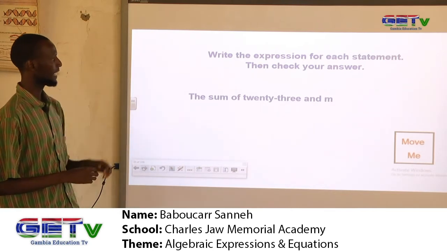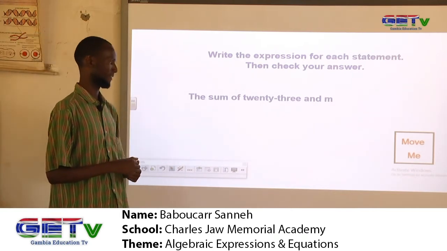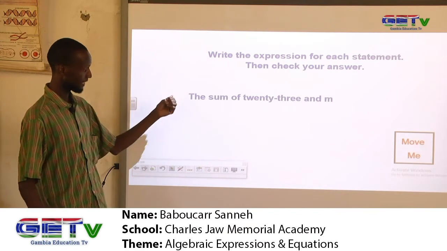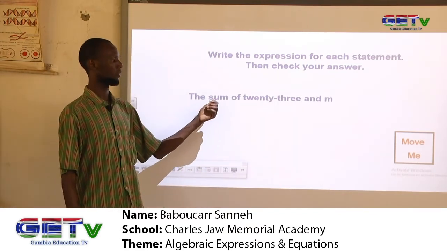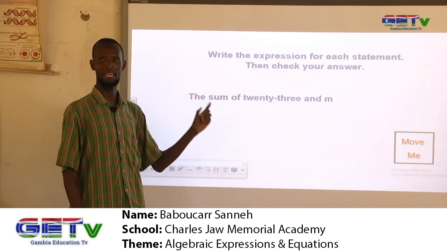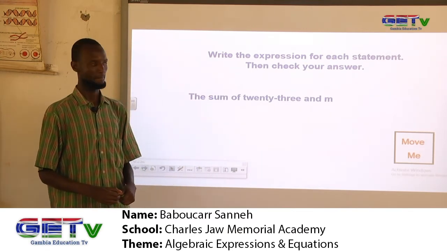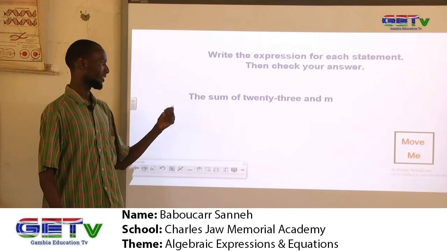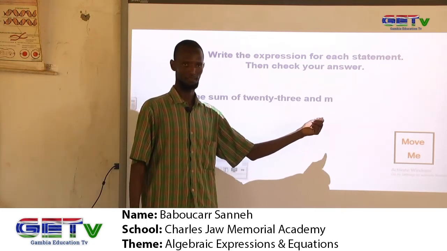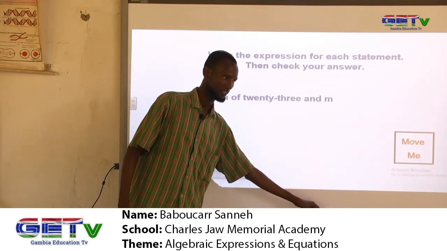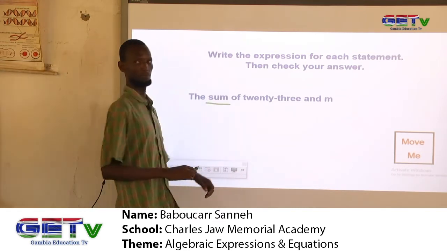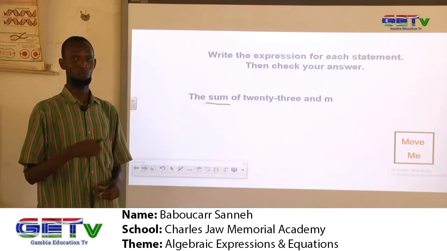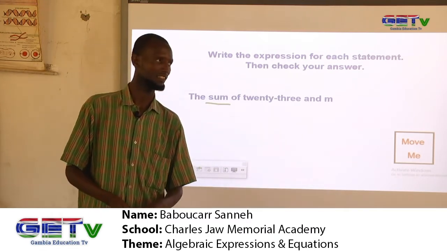Now, write the expression for each statement. Here we have an expression: the sum of 23 and m. What is the key word here? The key word here is sum. What does sum indicate?